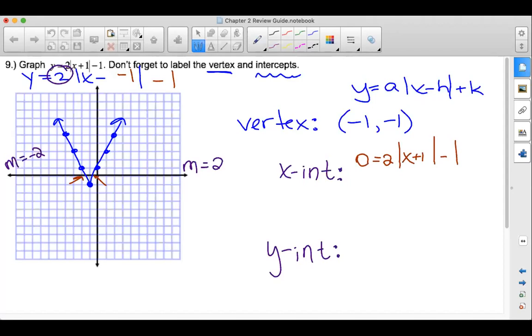We solved absolute value equations in chapter 1. When you learn something in math, we'll use it again and again and again. It's the way math works. So I'm going to solve this absolute value equation by taking the 1 to the other side. I need to isolate the absolute value bars, so I would divide by 2.